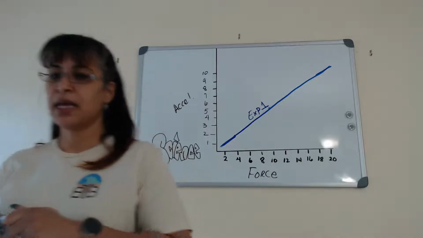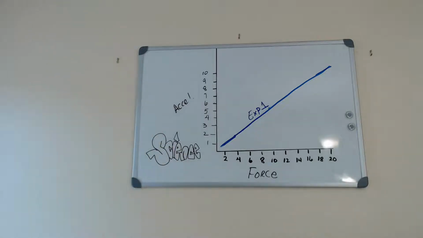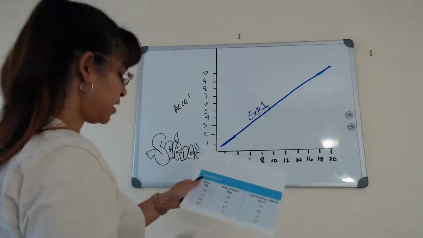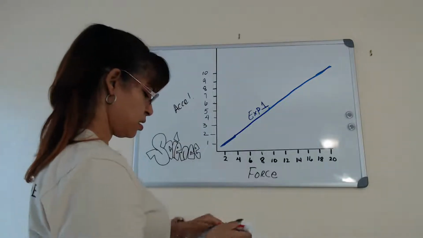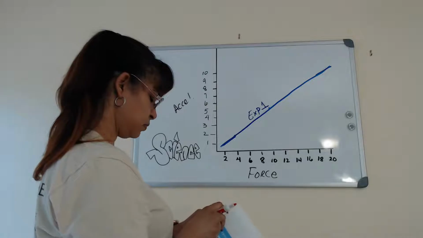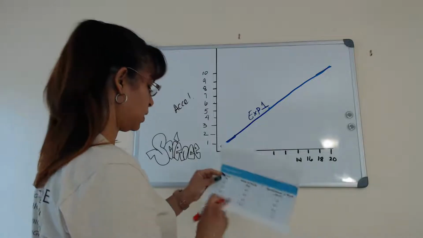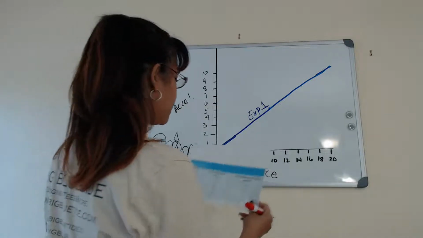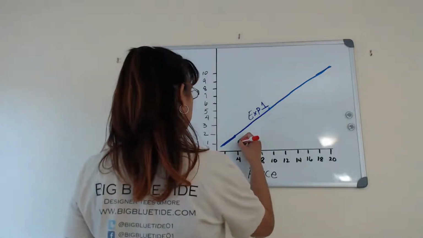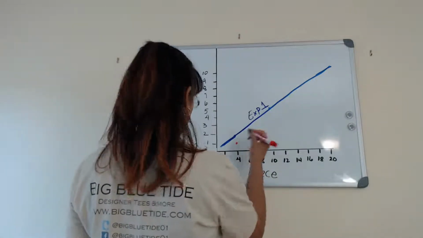Now, experiment 2, the second table that we had. If we look here, we have a force of 4 newtons and an acceleration of 1 meter per second. So that's going to go here.